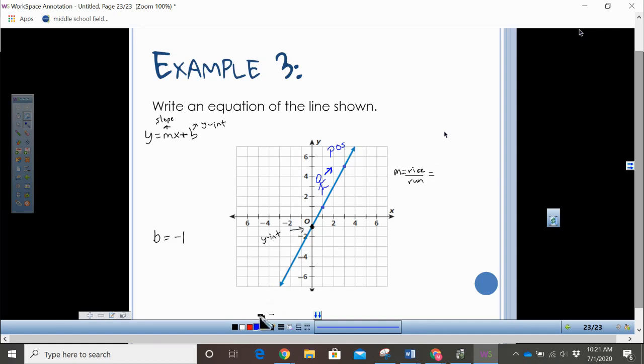The second step after drawing my person is to draw a right triangle connecting two dots that are on my line. So I'm going to choose this one and this one.